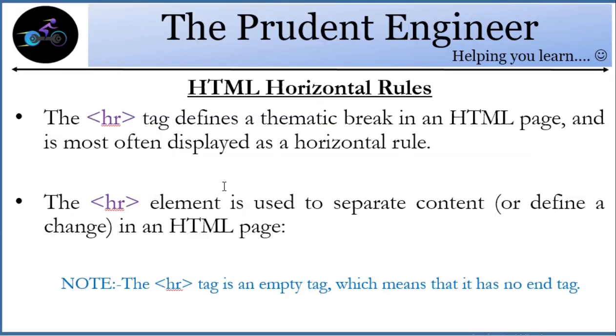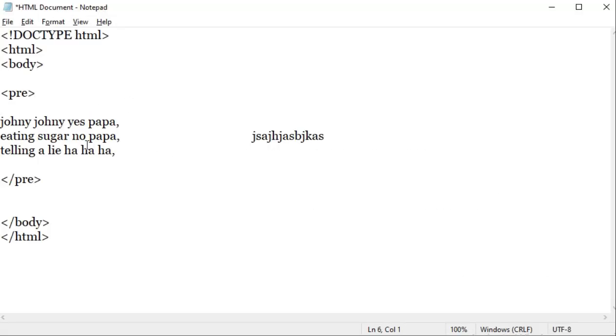Now there are certain tags which do not have any end tag. I told you about the BR tag, so I'll show you how the HR tag works. Suppose after this I want to write another paragraph, and this paragraph is, this is me again, slash p.